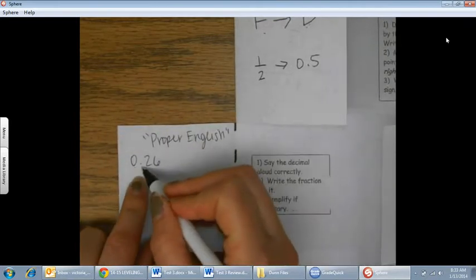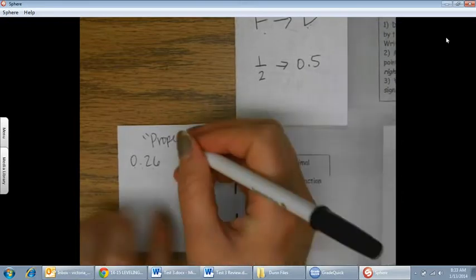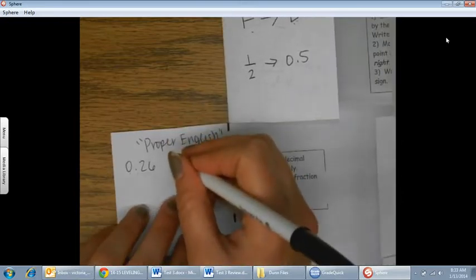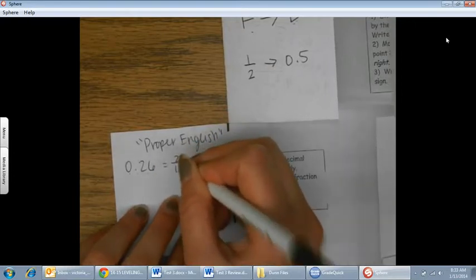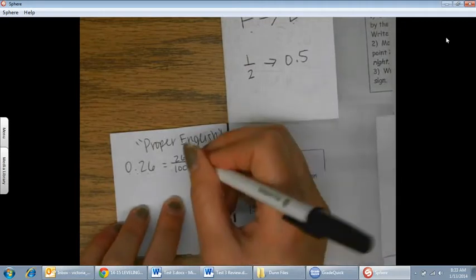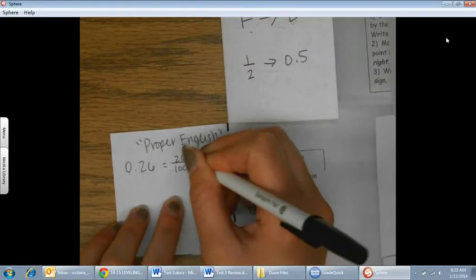So therefore, we have 0 as our whole number, and then we have 26 hundredths, 26 over 100. And that can simplify if we divide the top and the bottom by 2. That will give me 13/50. That's my final answer.